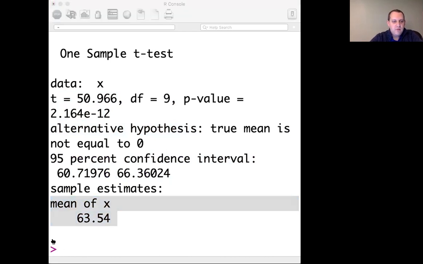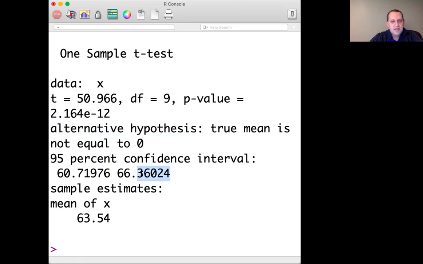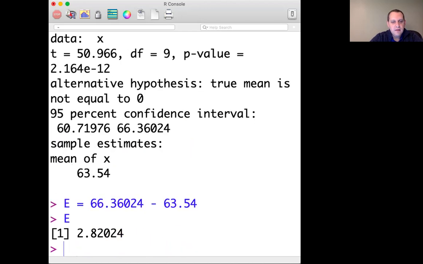If you wanted to figure out the error, you could take this value minus the mean, and that's our error, E. When we did it by hand, since we were rounding, we had 2.8200, but according to R it's 2.82024. That's how we're going to do this with R. This is super nice, super helpful.